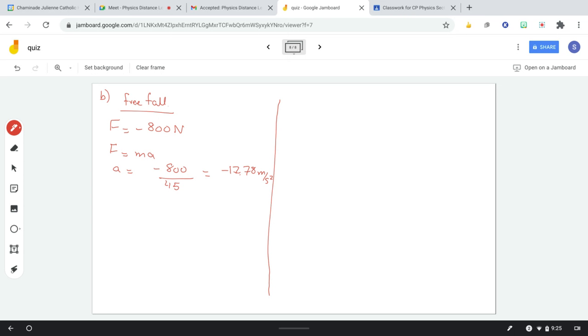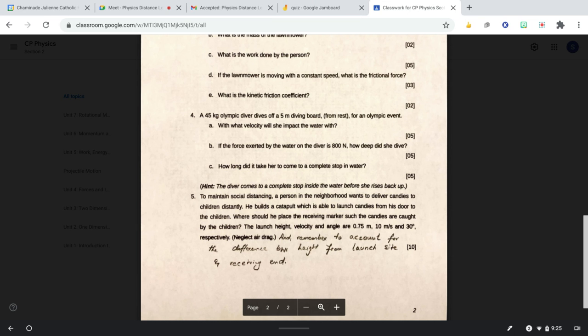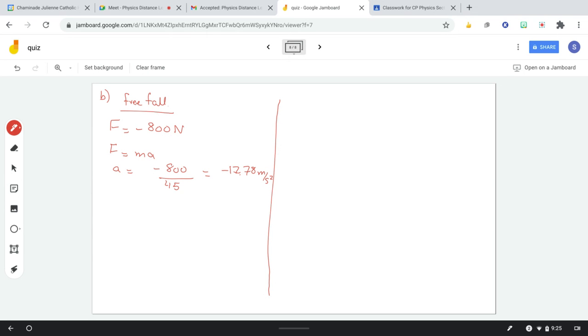And then you could use the equations of motion. We are looking for how deep she dove, so we're looking for the distance. You can have delta x is equal to vi delta t plus half a delta t squared, but we cannot use this equation because we don't know the time. Or we could use vf squared is equal to vi squared plus 2a delta x.